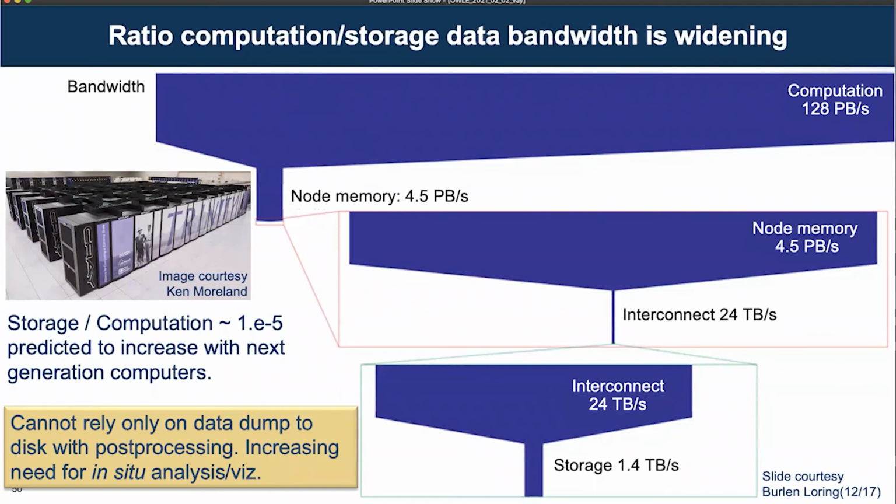This is from a slide from Berkeley Lab's Computational Research Division in 2017, showing for one computer how there's basically 5 orders of magnitude in the bandwidth from what we can compute compared to what we can store. So the takeaway point for us is that we cannot rely only on data dump to disk with post-processing. There's an increasing need for in situ analysis and visualization.